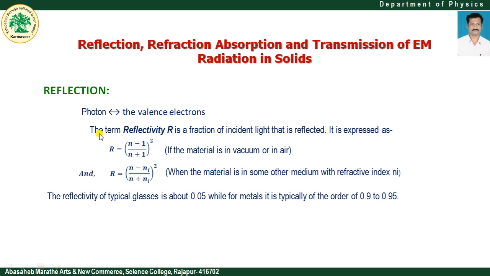Reflection is caused due to the interaction of the electromagnetic radiation or the photon with the valence electrons of the solid. When a beam of photons strikes the material, there is an interaction of the photons with the valence electrons.